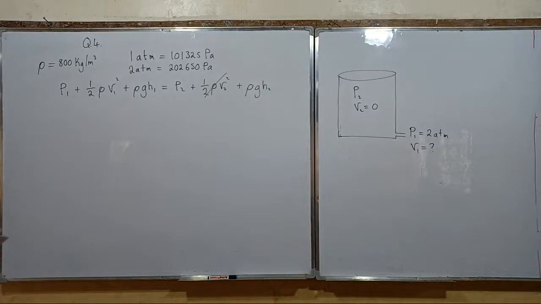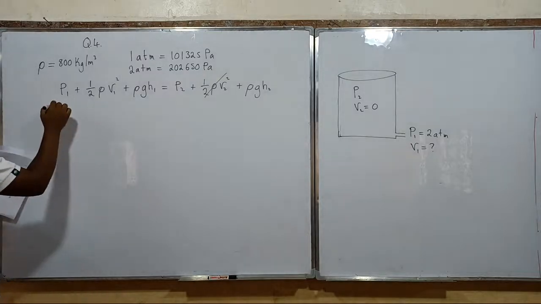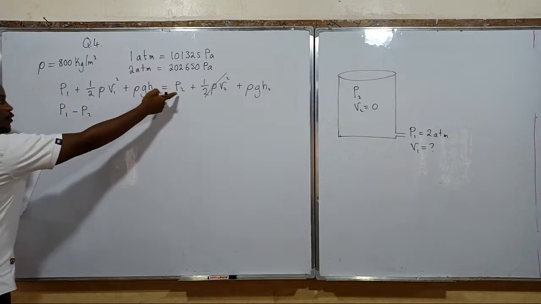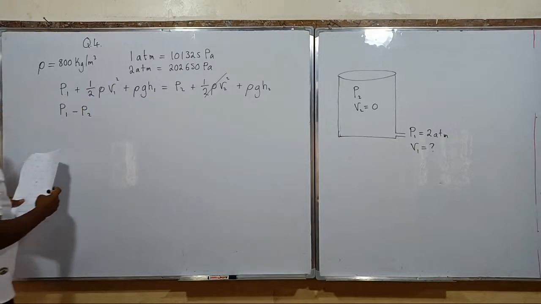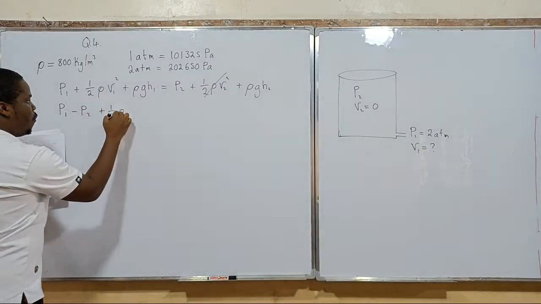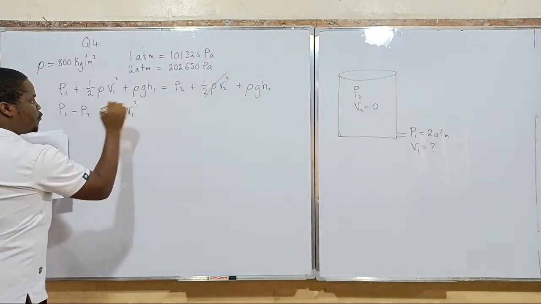That's 1. 2, let's put the pressures together and the heights together. This is what we're going to have. Let's put the pressures together. So pressure 1 minus pressure 2. This one comes aside. Then plus this guy, which is half rho velocity 1 squared.